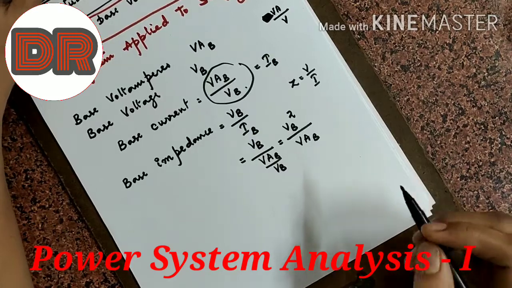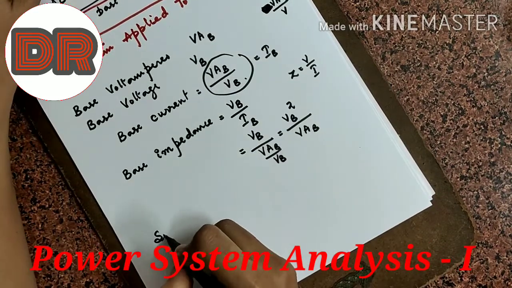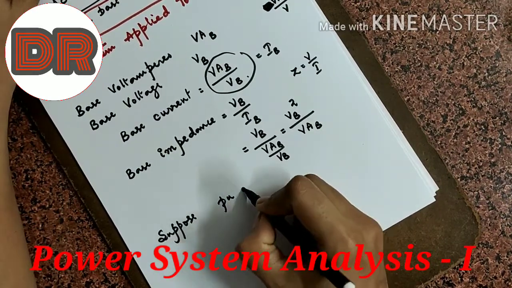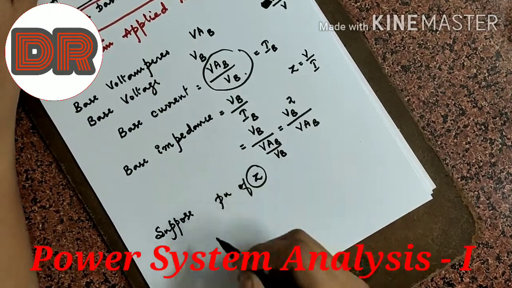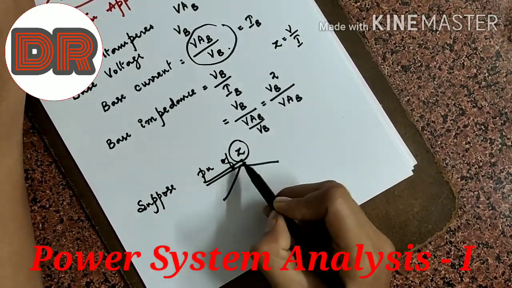Now suppose we need to calculate the per unit of Z, that is impedance. What are the parameters we need to calculate the per unit quantity of impedance?